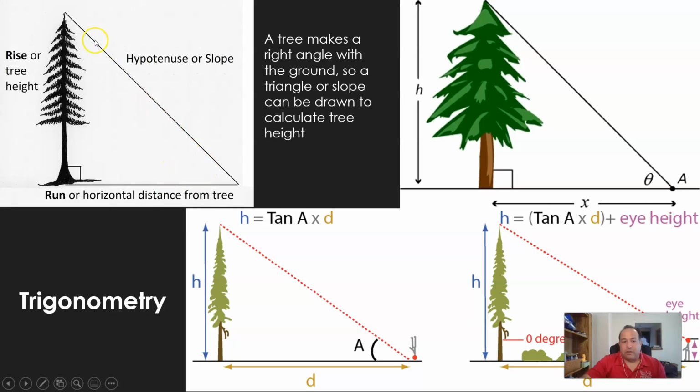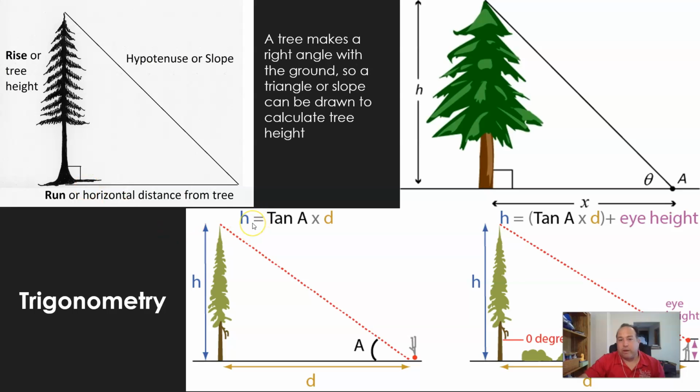This is also the same way that you calculate slope, because you get rise over run. What we're trying to figure out is this height right here, and we're going to do that by having this angle right here and this distance right here.